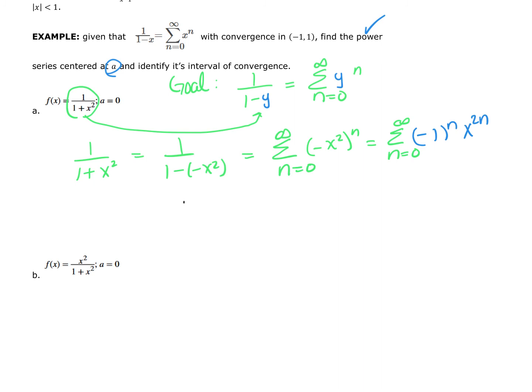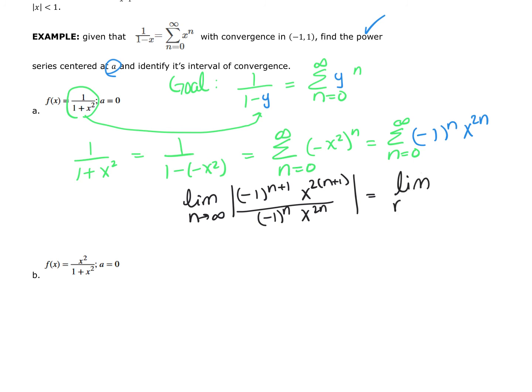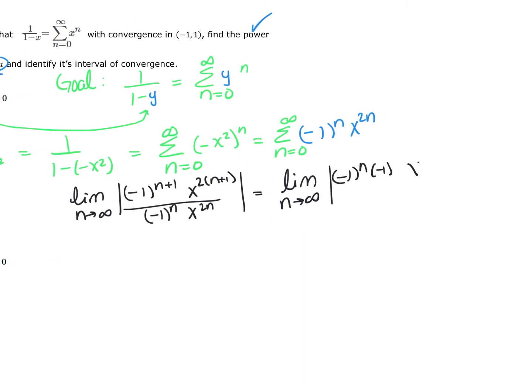I'm going to do the limit as n goes to infinity of the absolute value of -1 raised to the n plus 1, x raised to the 2n plus 1, divided by -1 raised to the n, x raised to the 2n, which is equal to the limit as n goes to infinity of -1 raised to the n, -1, x raised to the 2n, x squared, over -1 to the n, x raised to the 2n.